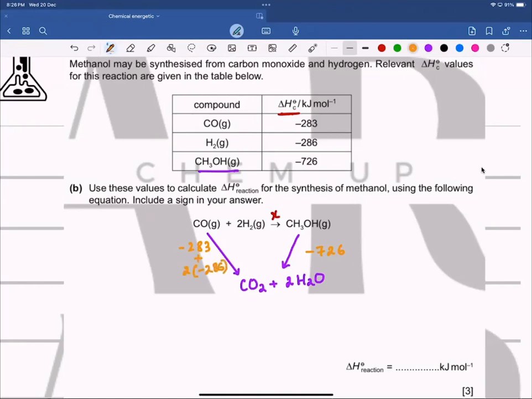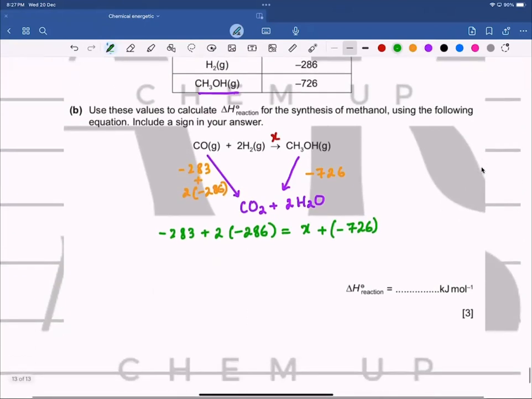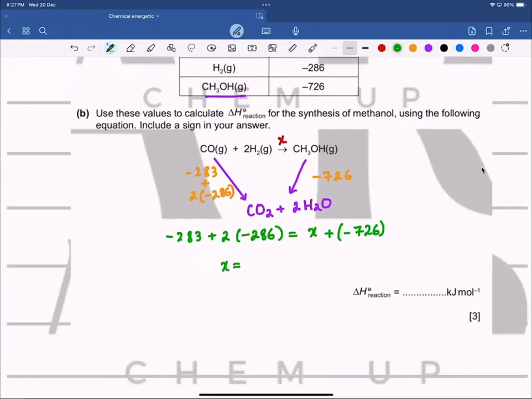Now the left one is our direct route, so the expression will be minus 283 plus twice of minus 286 is equal to x plus minus 726. If we make x the subject, your answer is correct, Amna.